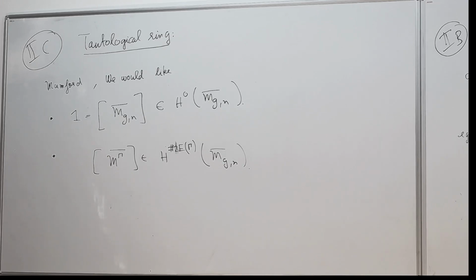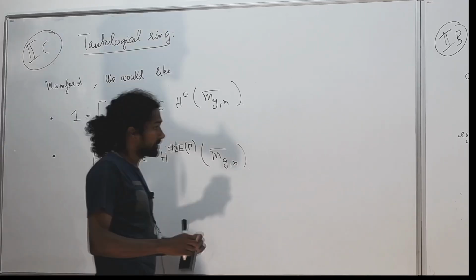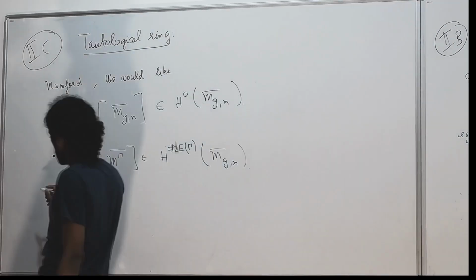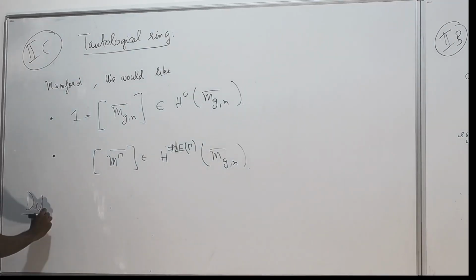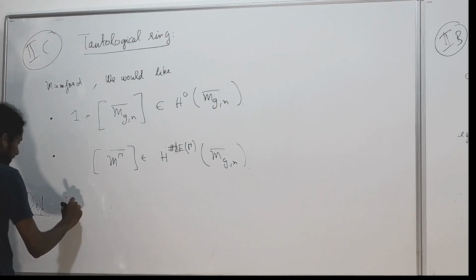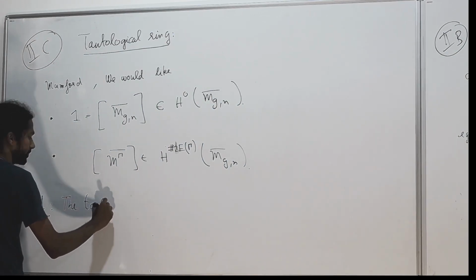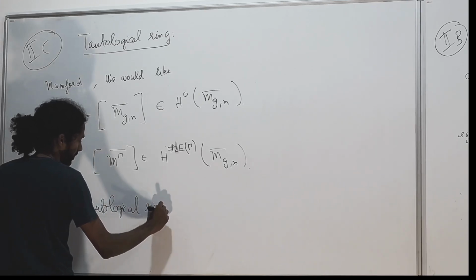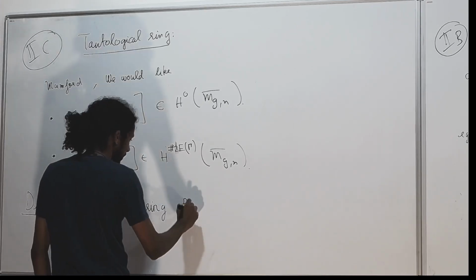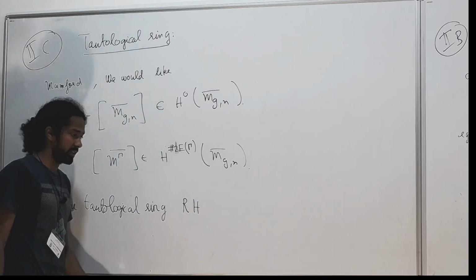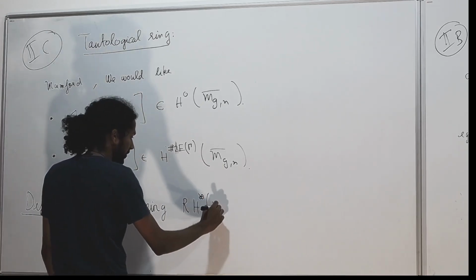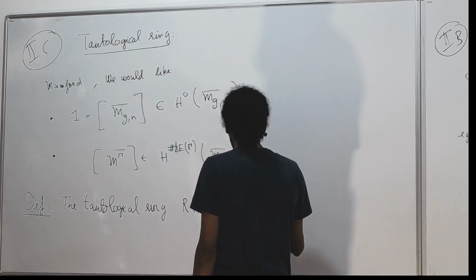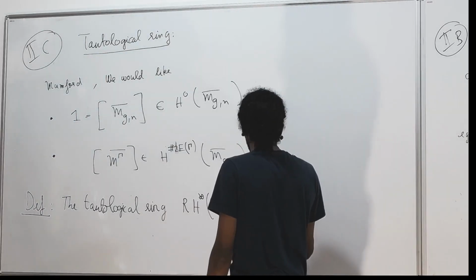Okay, now I can write down the definition of the tautological ring here. So the tautological ring, denoted by R star of M_g,n bar, is a subring of the cohomology ring.